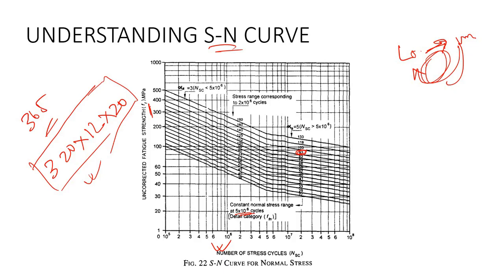So corresponding to 92, it will come near about, yeah, this is also 92. So this is 92. These are two parameters first. Okay, now you have to find out what is the allowable number of stress cycle.